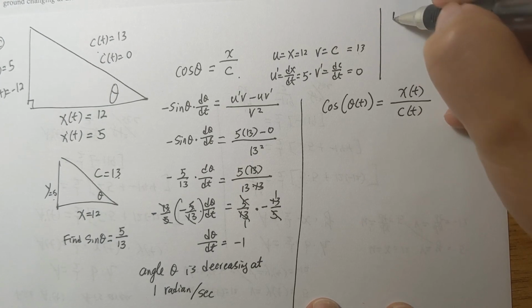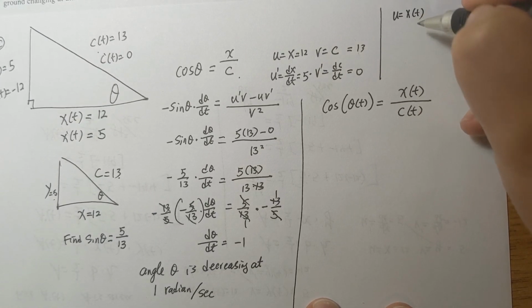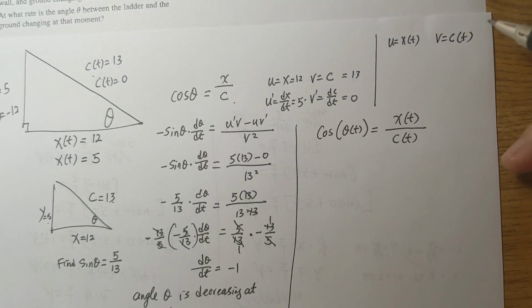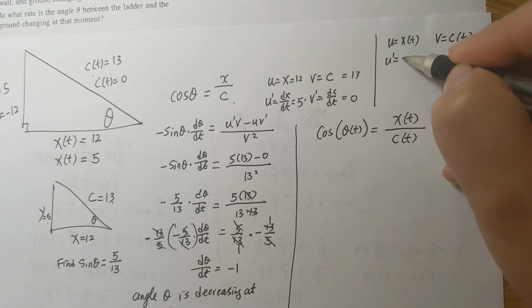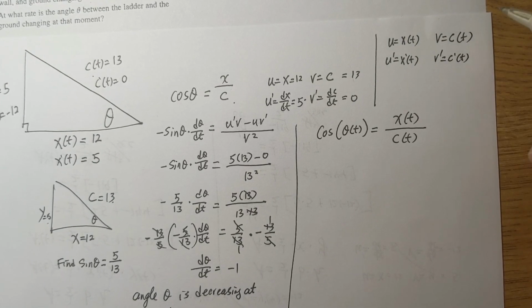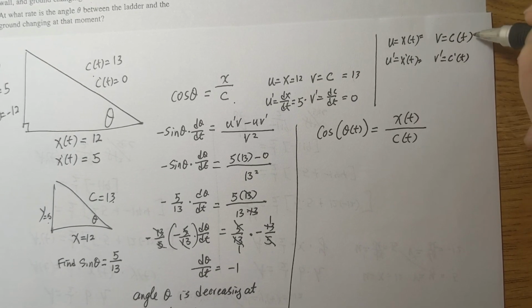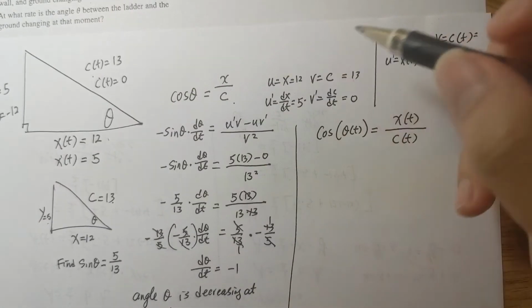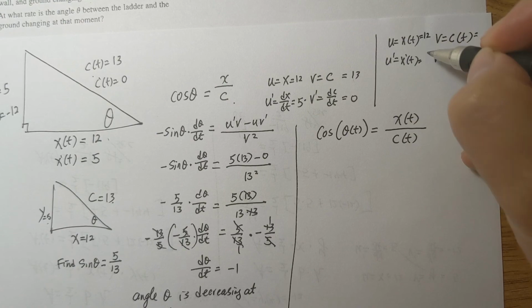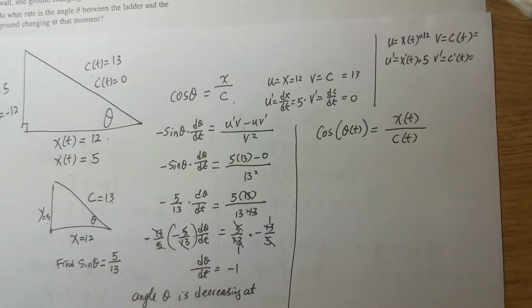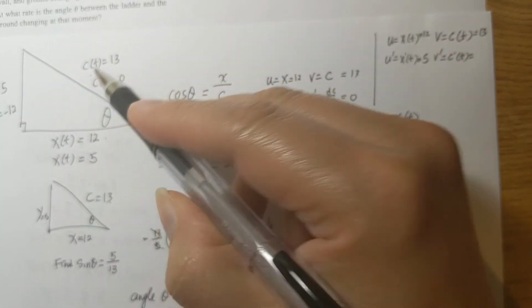Over here, u equals x of t, v equals c of t. So we get u prime equals x prime of t, and v prime equals c prime of t. Because I already know the numbers, I'm going to put them here. So x of t is 12, x prime of t is 5, c of t is 13, and c prime of t is 0.